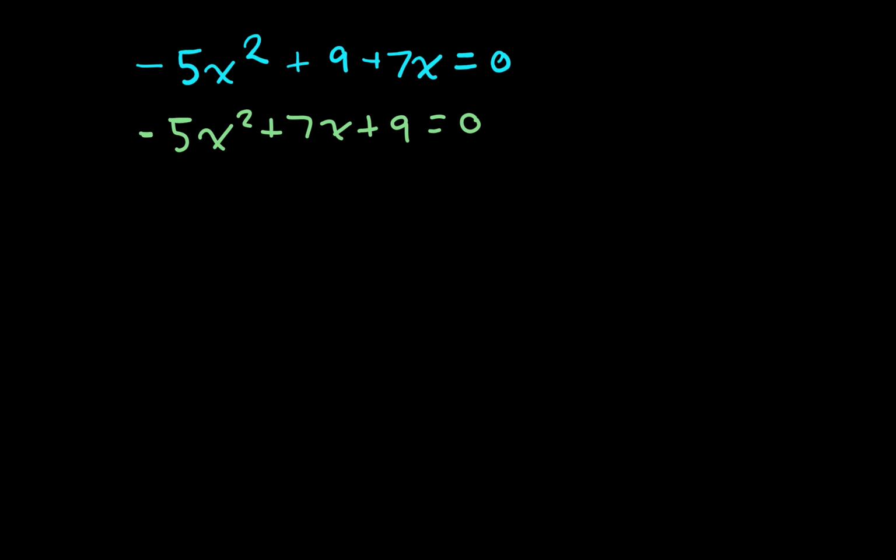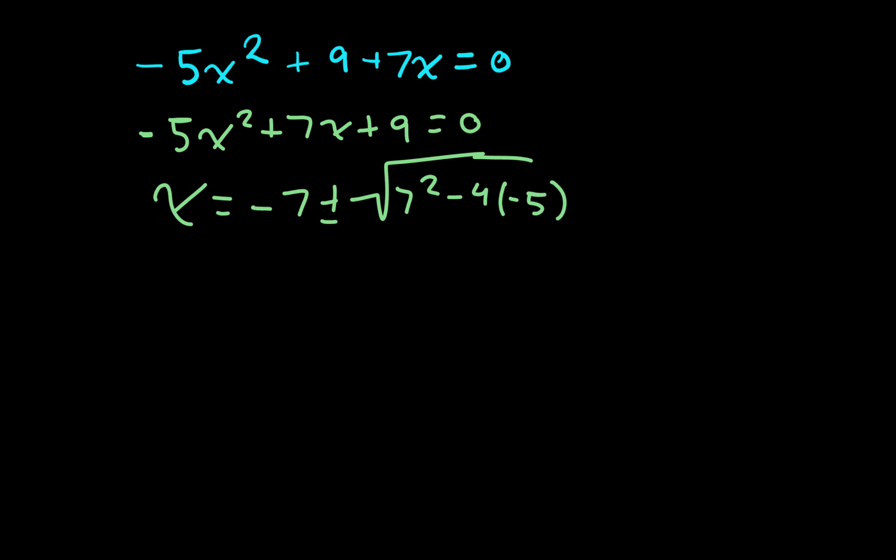From here, we'll plug it into the quadratic equation. So x equals negative 7 plus or minus the square root of 7 squared minus 4ac, which is minus 4. a is negative 5, and c is 9, over negative 10.